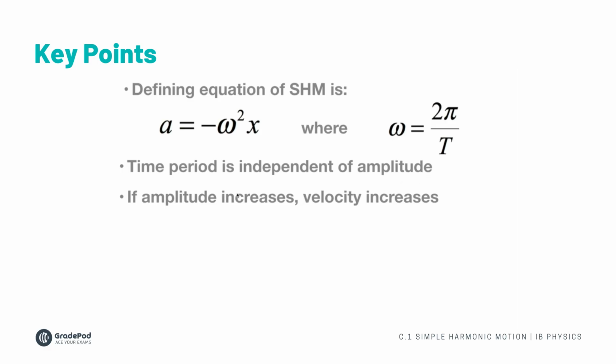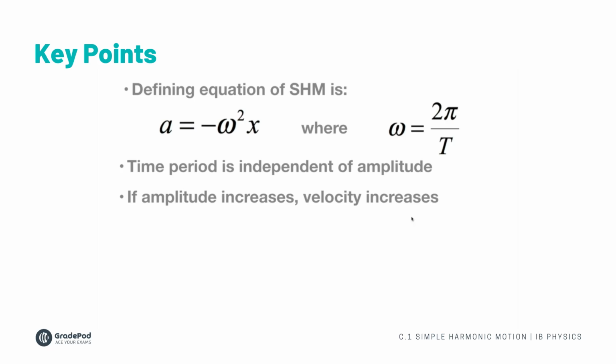So what we do know about simple harmonic motion is that the time period of the motion is independent of amplitude. Therefore, if we change the amplitude of the oscillation, all that will happen is that the object will oscillate faster to maintain the same time period. So the time period doesn't change if you change the amplitude.